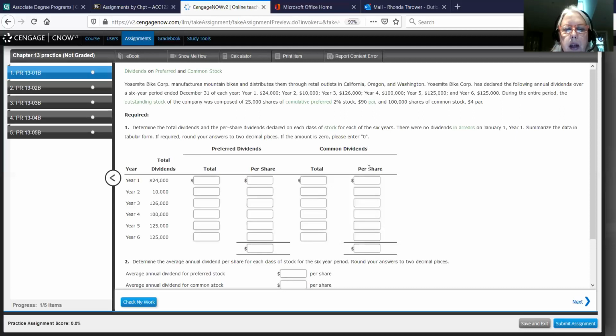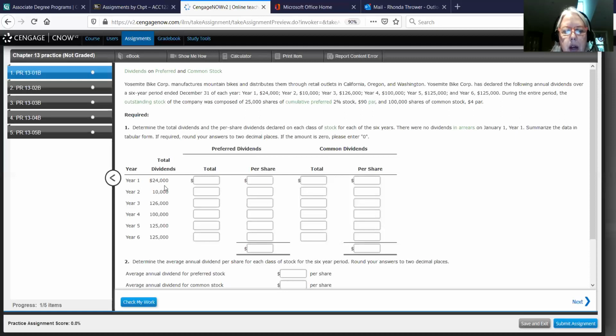You'll notice that they have started with a tabular form for our preferred dividends. In year 1, since there were no dividends in arrears, we don't have to worry about what we have owed to our stockholders.